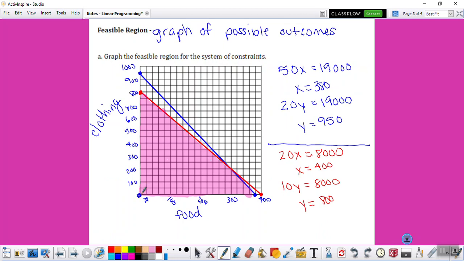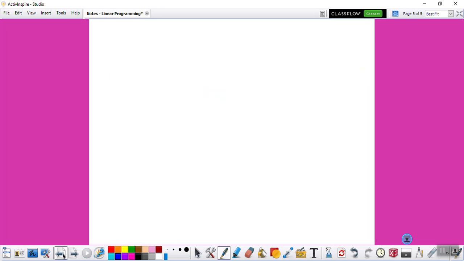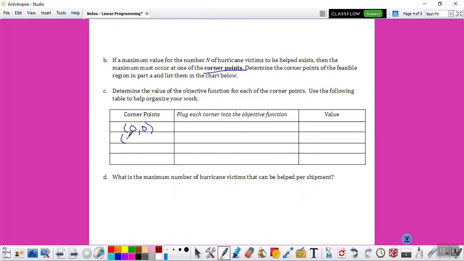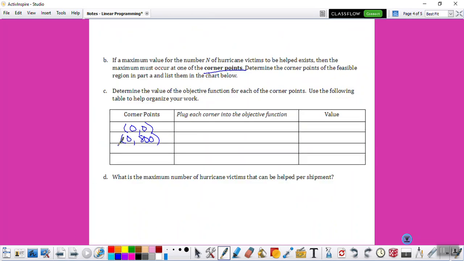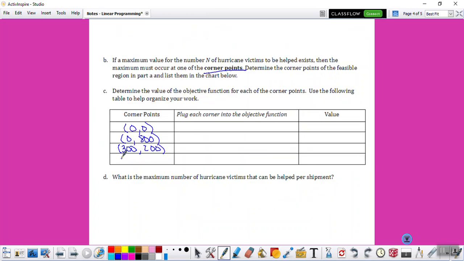So the first one would be 0, 0. Then 0, 800. Then 300, 200. And 380, 0.